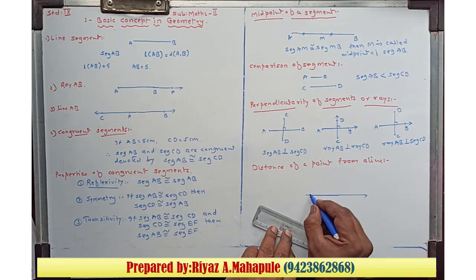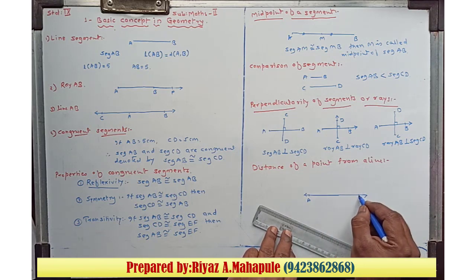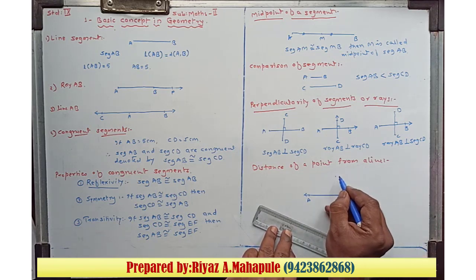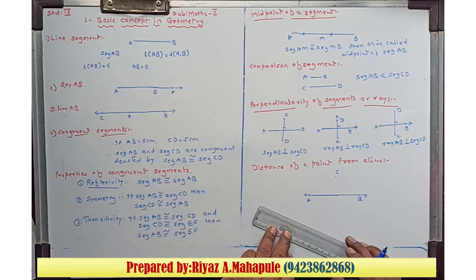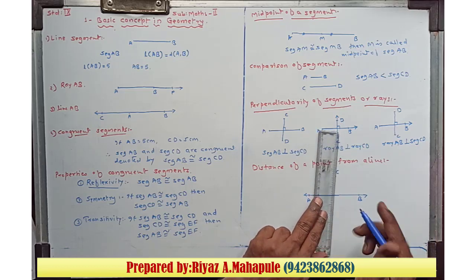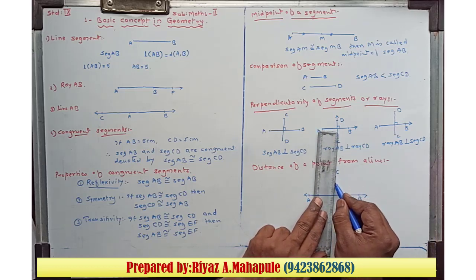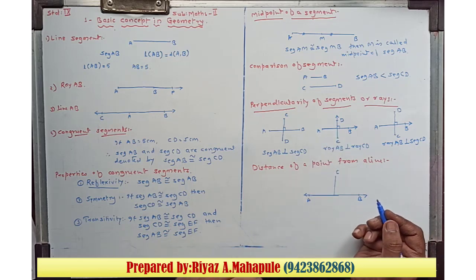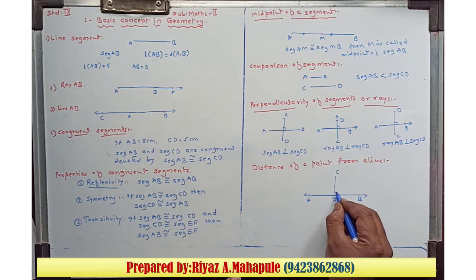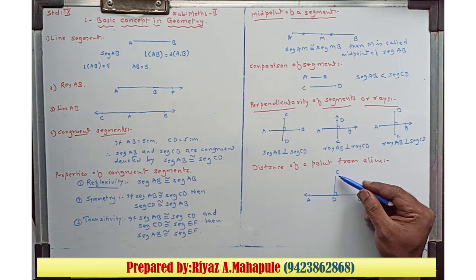Suppose this is line AB and point C is outside the line. Now we draw a perpendicular from that point C on this line AB. CD is the perpendicular. Then this CD is the distance of point C from the line AB.